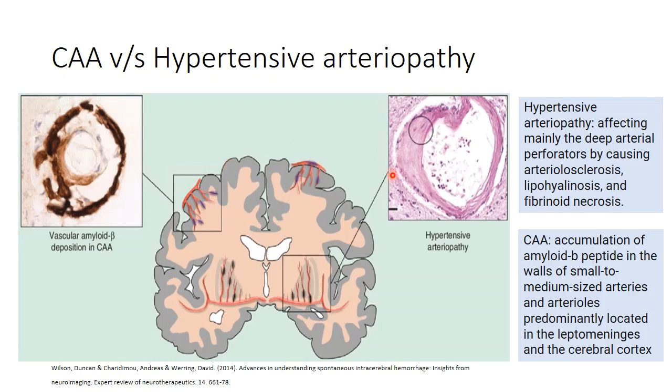Okay, it must be noted in addition that microscopically a hypertensive arteriopathy is associated with fibrinoid necrosis, lipohyalinosis, and the characteristic microaneurysms, whereas a cerebral amyloid angiopathy is characteristically associated with the deposition of the A-beta amyloid protein in the vessel wall.